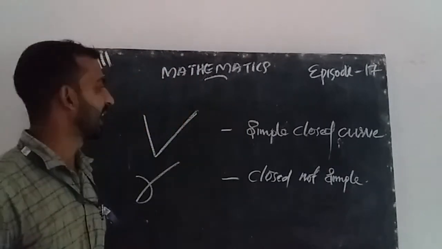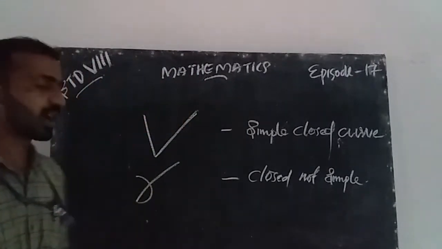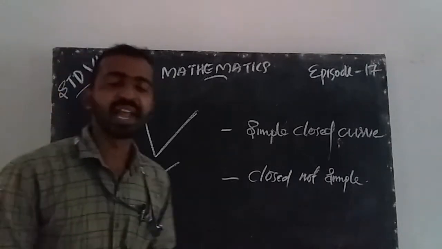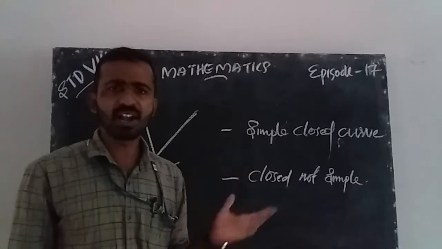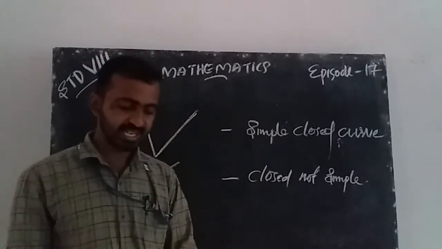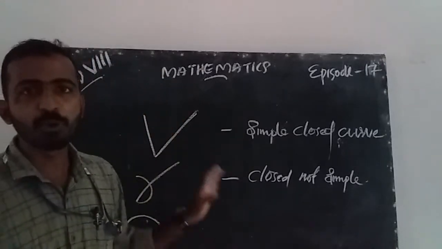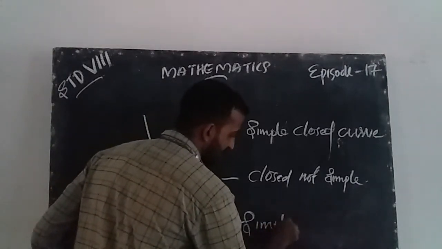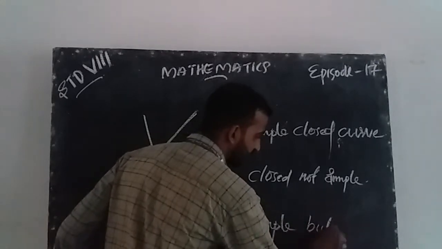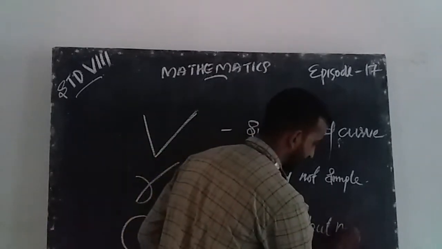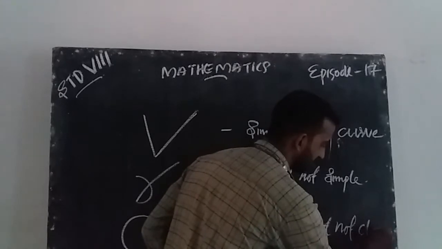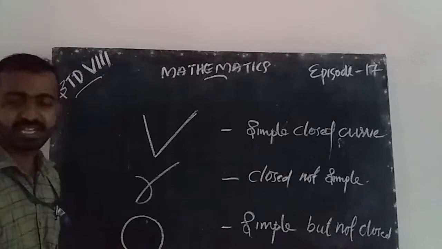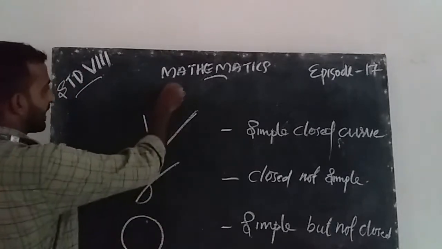And next is what? A circle, maybe we can call it a circle. That is simple but not closed. And the next one is a shape.